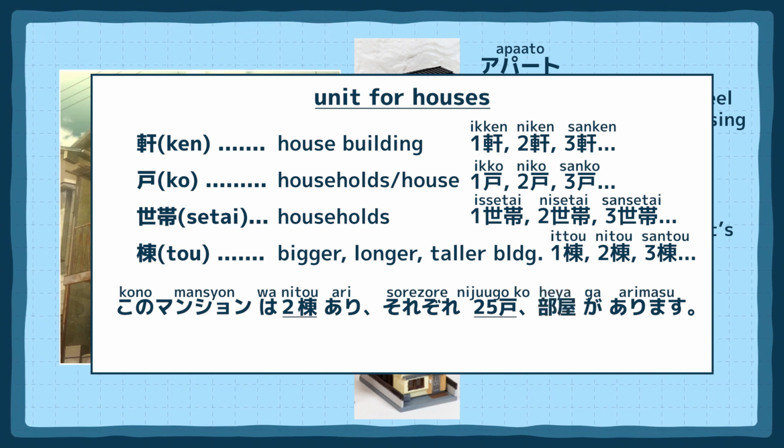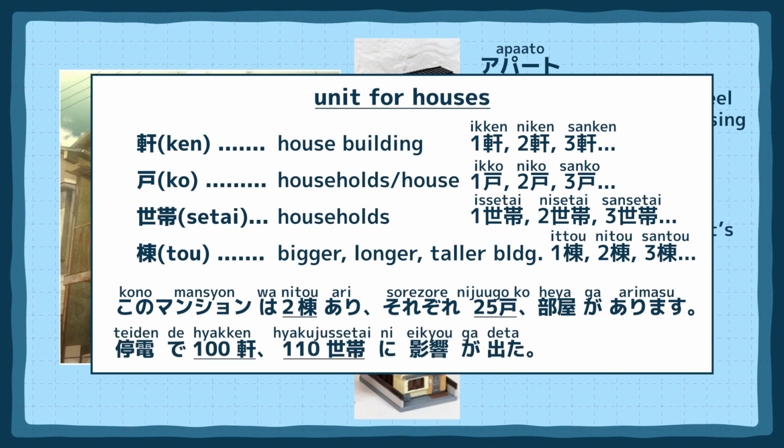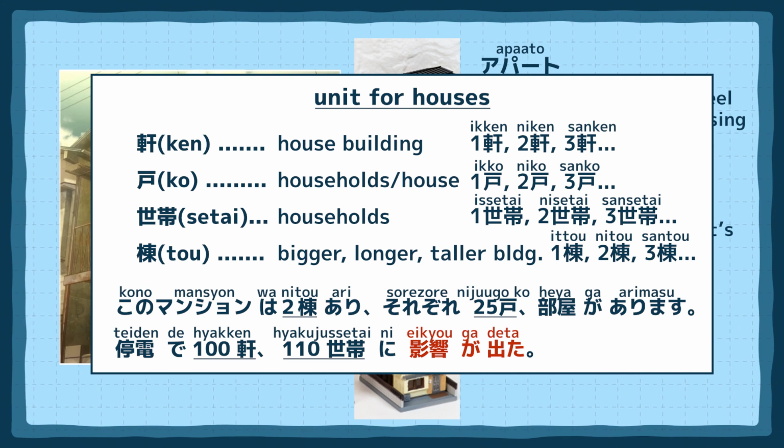This apartment has 2 buildings, and each building has 25 houses. 停電で100軒、110世帯に影響が出た。停電, blackout. 100軒, 100 houses. 110世帯, 110 households. 影響, impact. 出た, the original form 出る, in this case emerge. 影響が出る, have an impact.